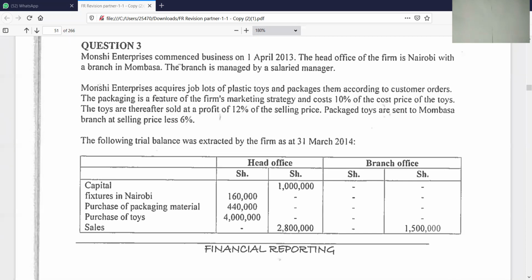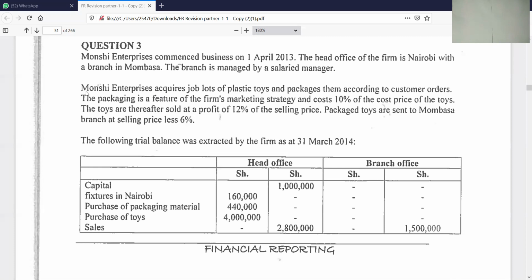So I can go direct and start my question without wastage of time. We determine those percentages, the two of them: the way head office was transferring goods to branch, that is, the way it was selling goods to the branch, and the way the head office and the branch were making sales, at what percentage.